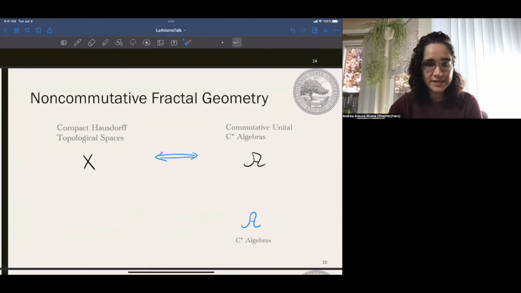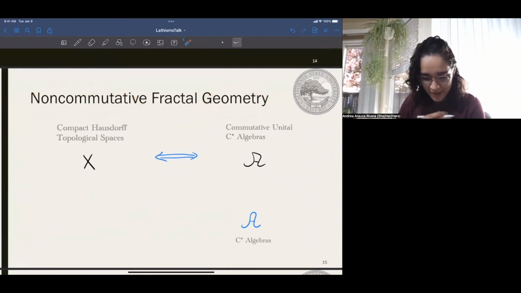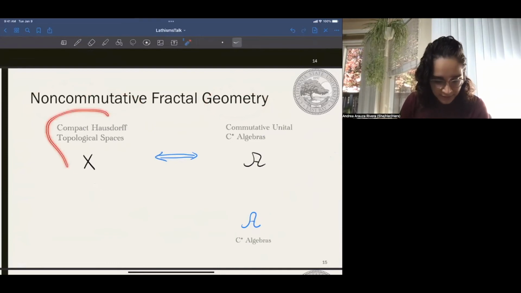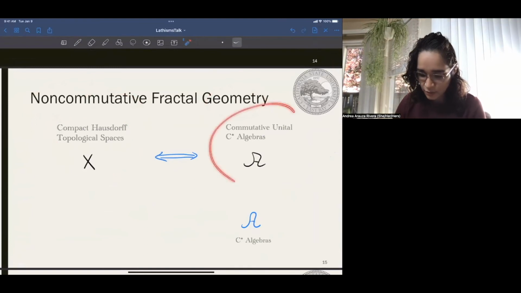Essentially, this stems from the field of non-commutative geometry without the fractal part. And that really comes from this observation that we have a duality between the category of compact Hausdorff topological spaces and the category of commutative unital C-star algebras.